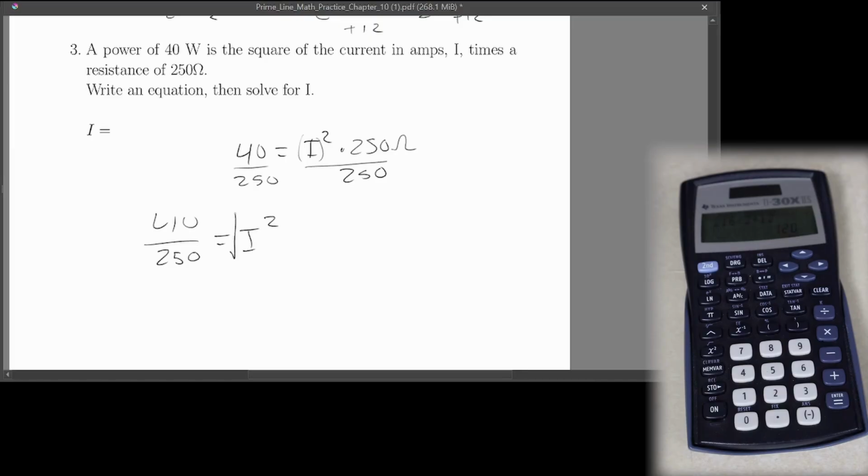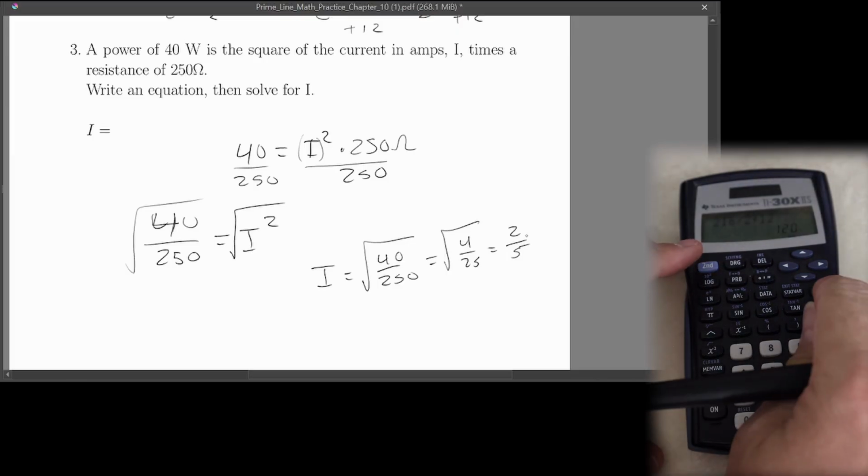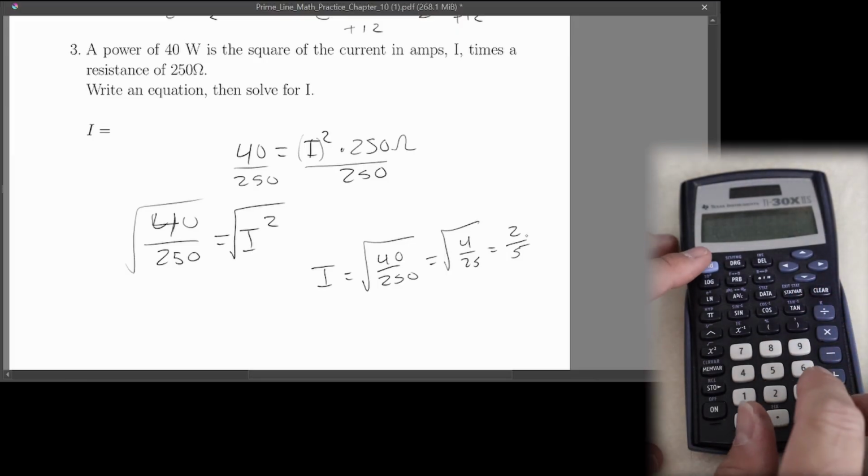And we're going to square root both sides. And we get I equals the square root of 40 divided by 250. We could reduce that to the square root of 4 over 25, which would equal 2 over 5. Alternately, we can plug it in our calculator and get our same value of 0.4.